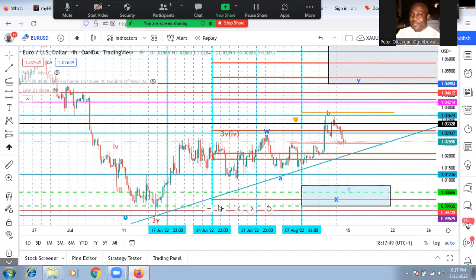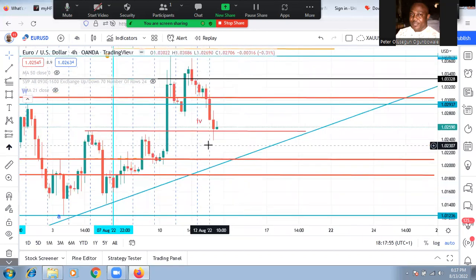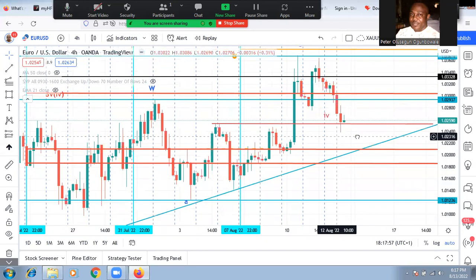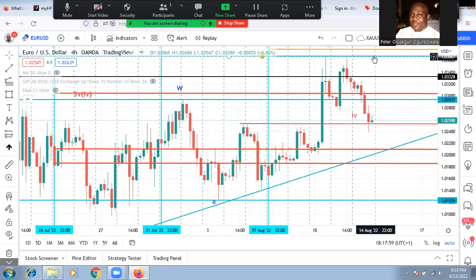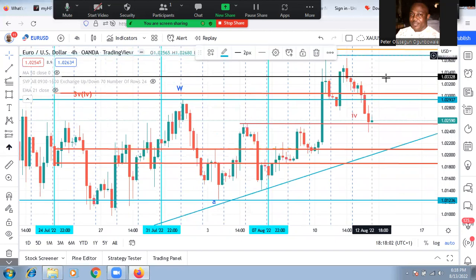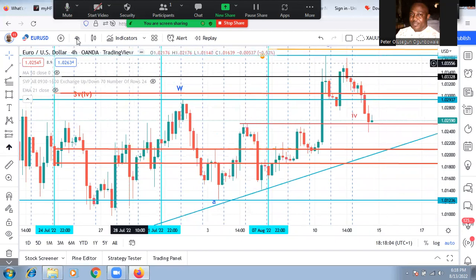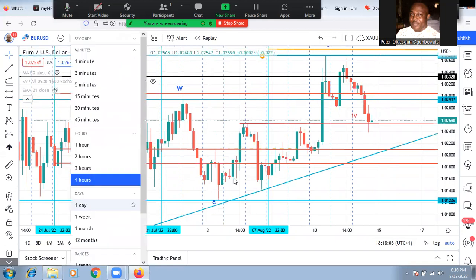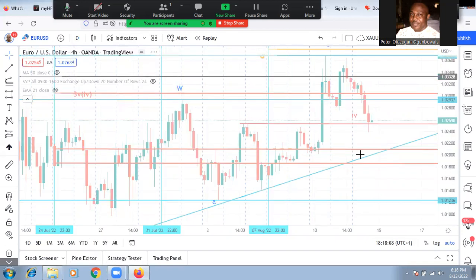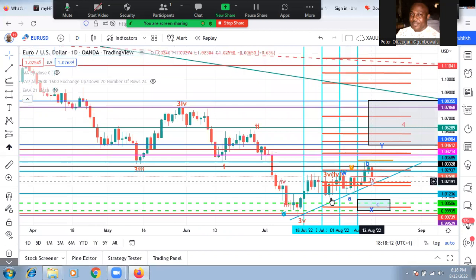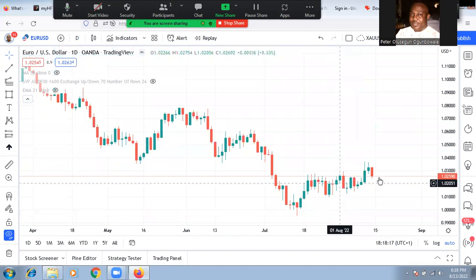I want to believe you understand what exactly I'm trying to do. If you look at the daily candle, if you close like that, let's see. If you close like this, it could also be telling us that we are coming further down.